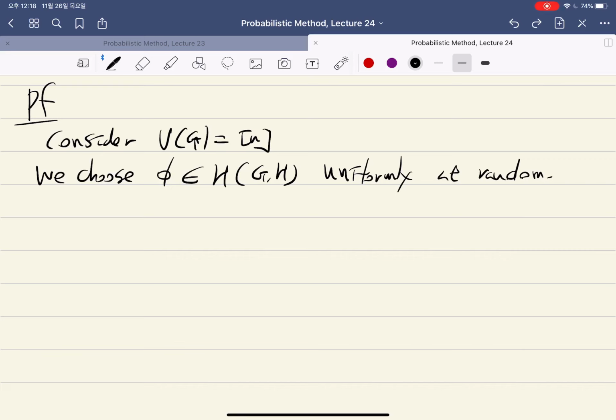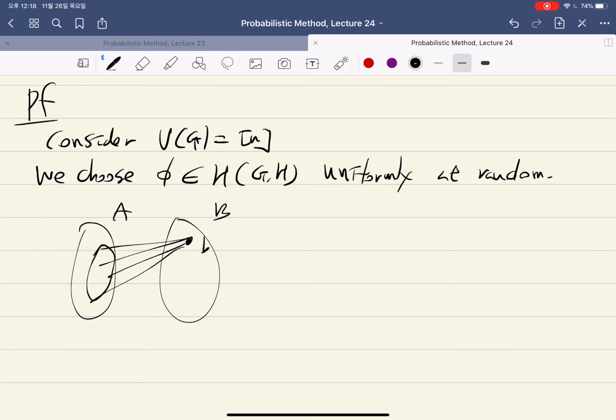The intuition is that A, B is a bipartition of G. If you have some vertex here and you know its neighbors under this homomorphism, then H has some vertices, and we need to decide where this vertex embeds to.